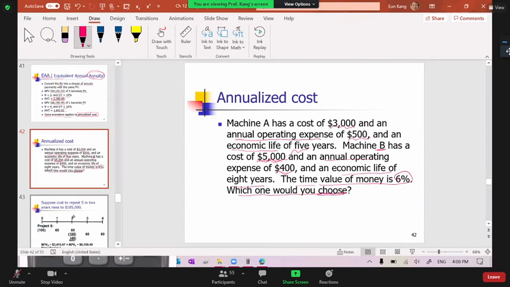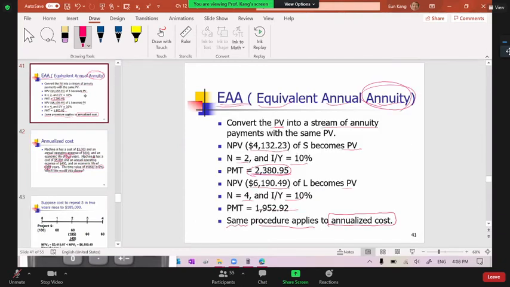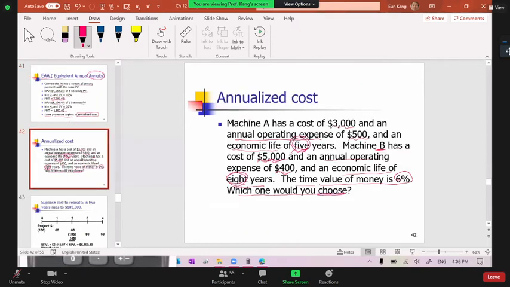This one is what? Different life too. So it's just like 5 years, but this one is 8 years. So you cannot directly compare, right? So you have to use the equivalent annual annuity method for cost analysis.